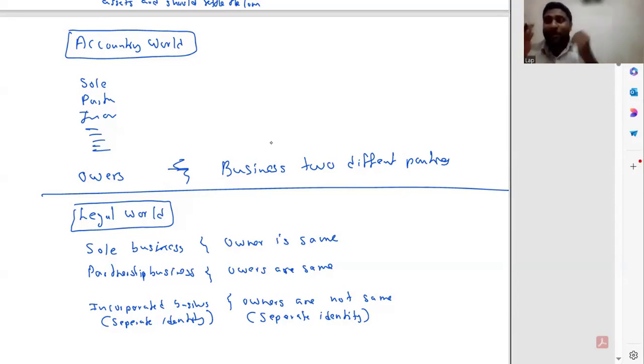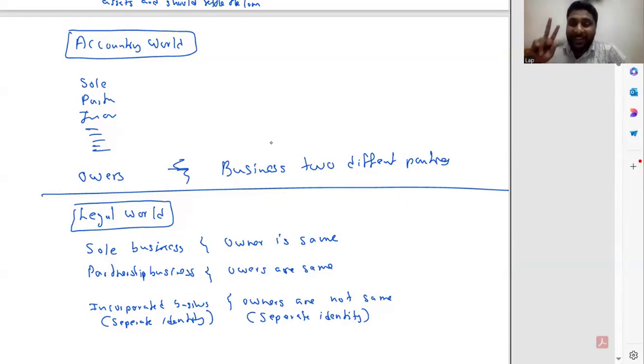In the legal system, you can't file court cases also. If the business has taken a loan of 1 lakh, I will tell the courts, yes, I am the owner, but he is a different person. One of the owners, that's it. You ask the business, don't ask me. I am a separate person, the business is a separate person. It is having a separate identity.